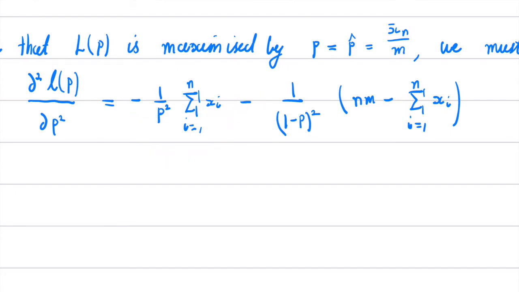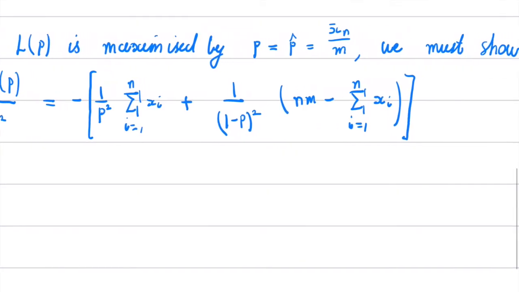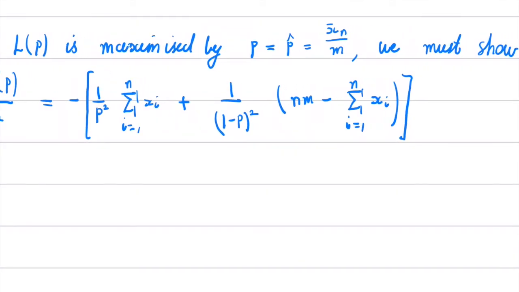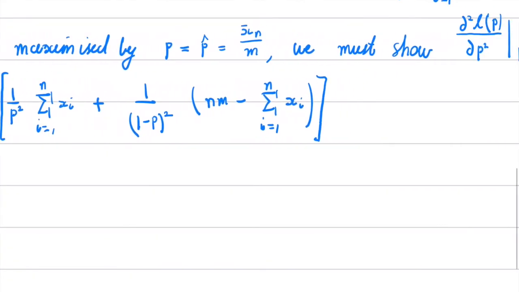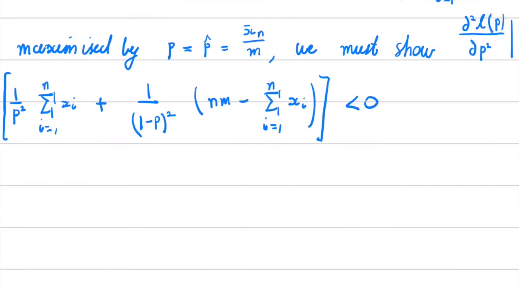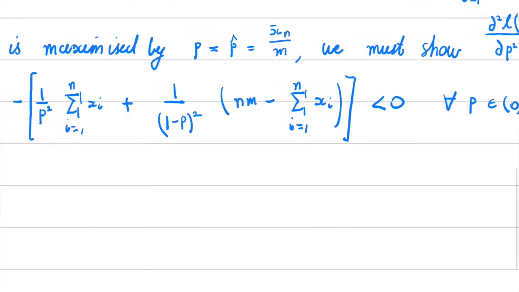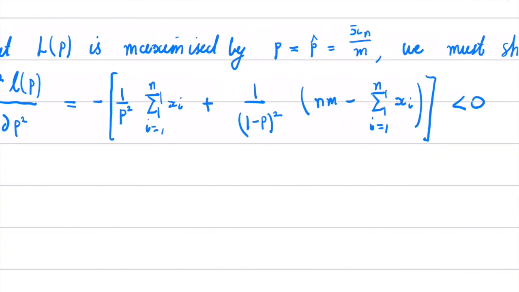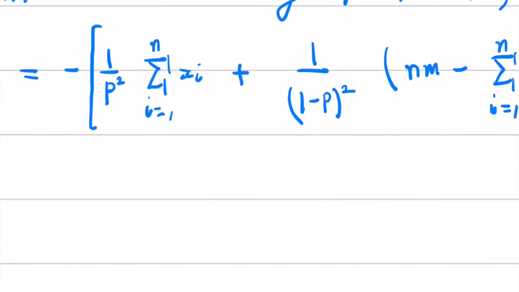So I'm going to put that as a plus, and then I'm going to put brackets around everything here. And what I'm going to show to you is in fact that this expression here is less than 0 for all values of p. No matter what the value of p that we have, it's going to be less than 0. And to show that, I'm going to do it in steps.